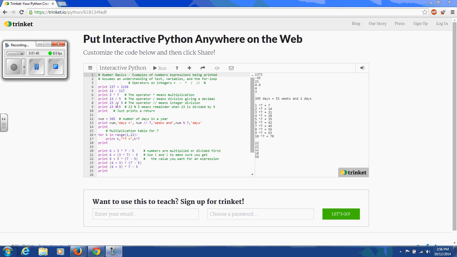But here now they have 23 percent sign 5. That means they want a remainder. So say a smaller child was to divide, they don't know how to convert their remainders into decimals, so they would just leave a remainder.